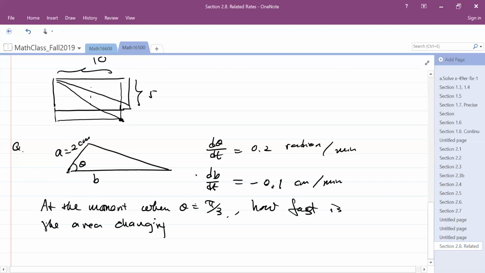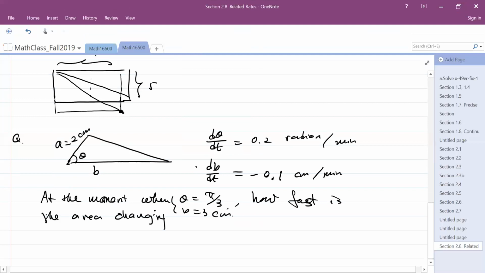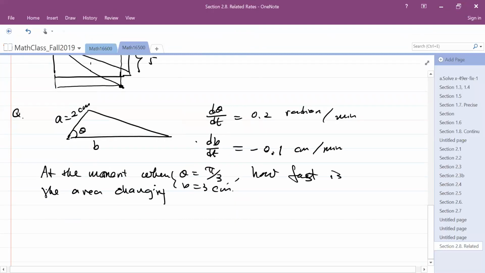I also need b to equal 3 centimeters, because I need to know the length. Otherwise, you cannot solve the problem. So you have undetermined quantities: theta, b, and the area. So they're related.